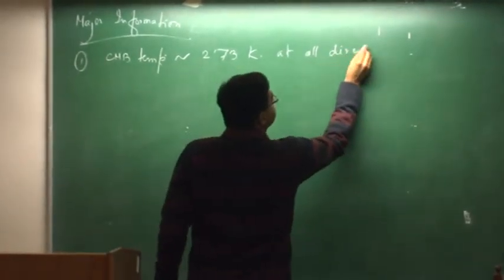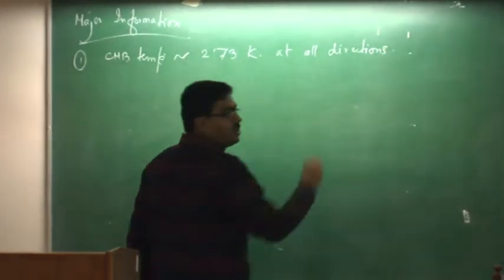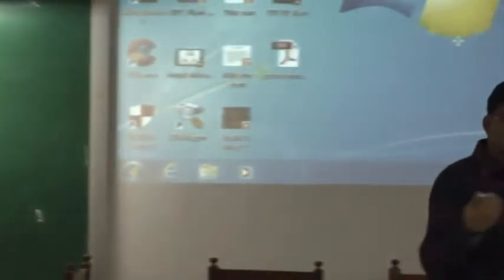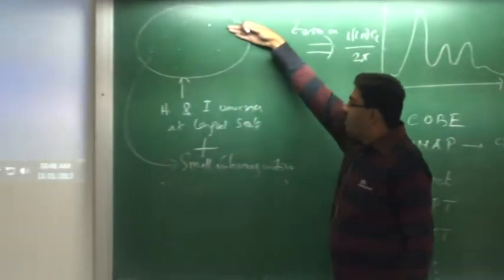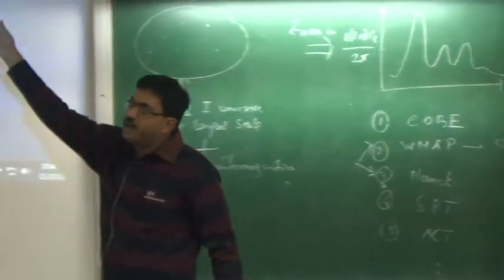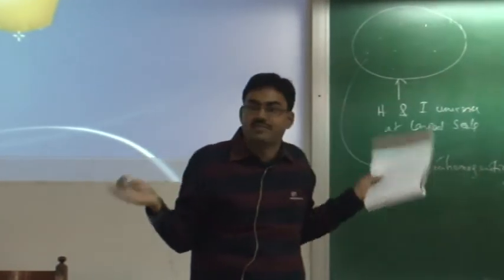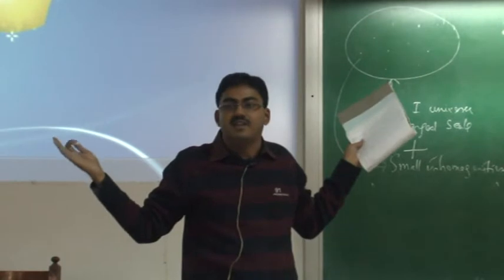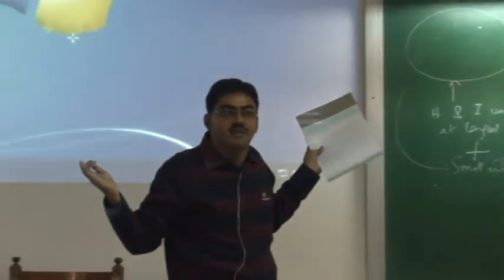So this is the most crucial information you have, first of all. No matter in which direction you look, the CMB temperature is everywhere the same, almost 2.73 Kelvin.